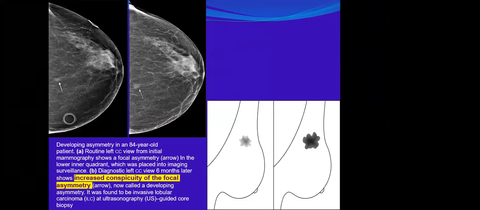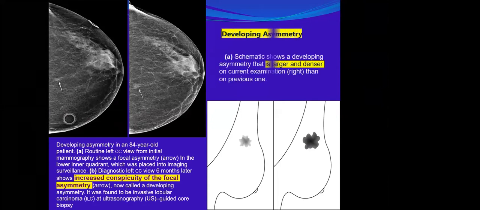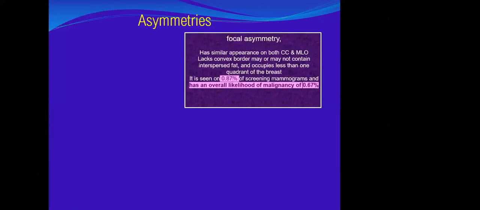And this one? This is developing asymmetry. This is developing in the illustrations as well as in the CC view, demonstrating asymmetry larger and a little bit more conspicuous compared to the earlier study. So this is a developing asymmetry.